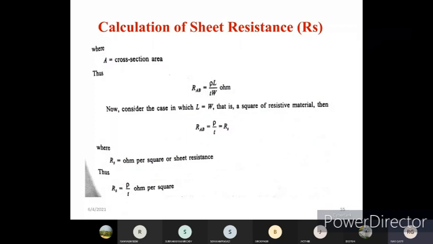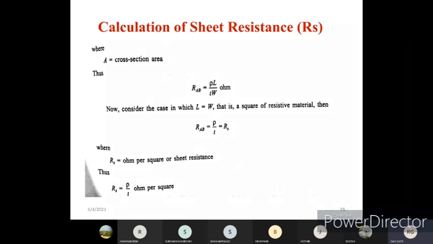As the thickness increases, the sheet resistance reduces, whereas if the resistivity increases, the sheet resistance increases. If the thickness reduces, the sheet resistance increases, because they are inversely proportional. This is how you do the calculation for sheet resistance.